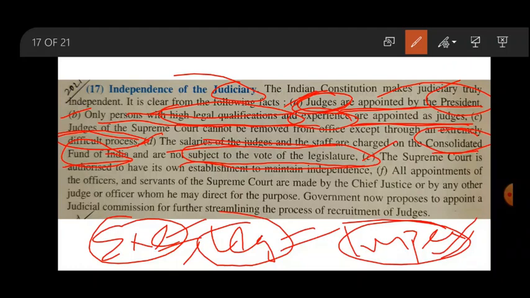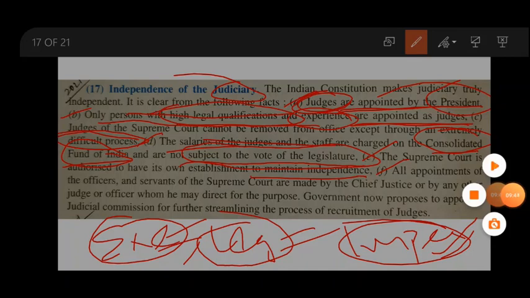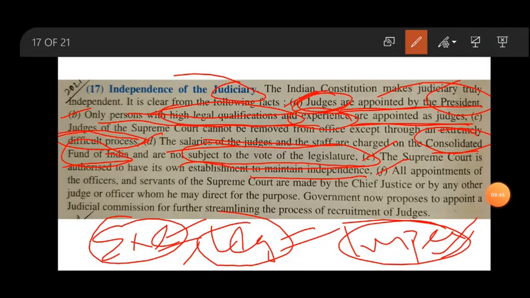The Supreme Court is next. The Supreme Court is authorized to have its own establishment to maintain independence. It can have its own administration in order to maintain independence. Number F, all appointments of the officers and servants of the Supreme Court are made by the Chief Justice or by any other judge or officer whom he may direct for the purpose.